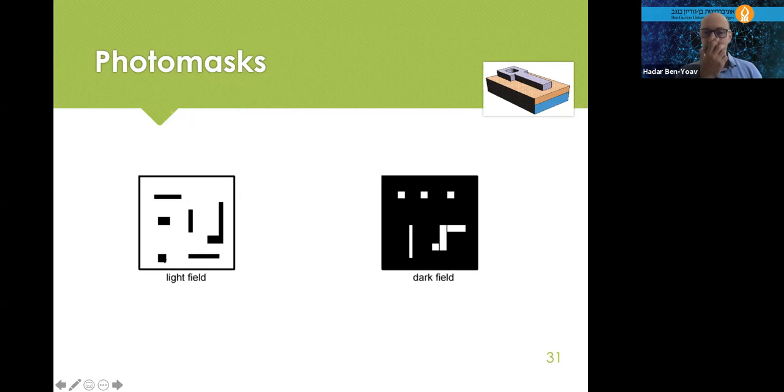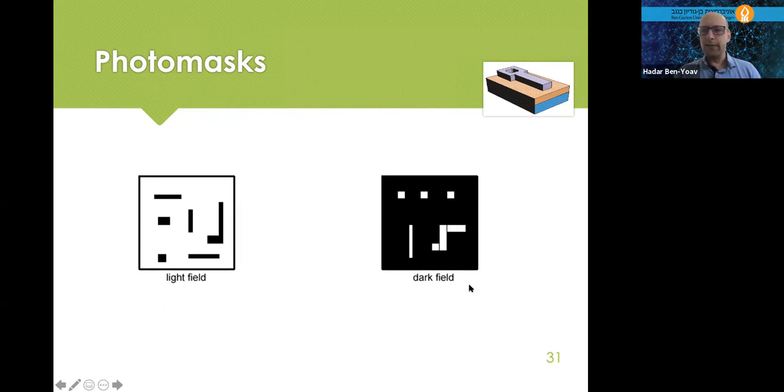We have two main categories of photomask. There is the light field, meaning that most of the surface of the mask is transparent, and only the features that you want to transfer into the photoresist are black.